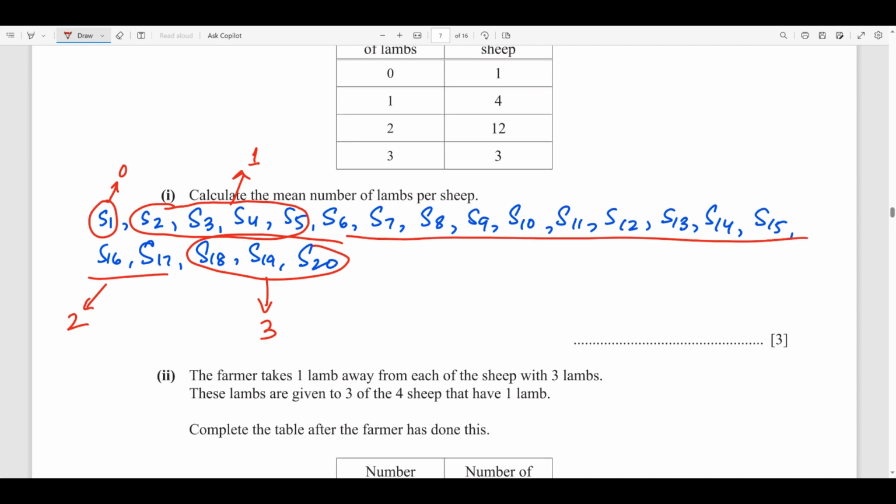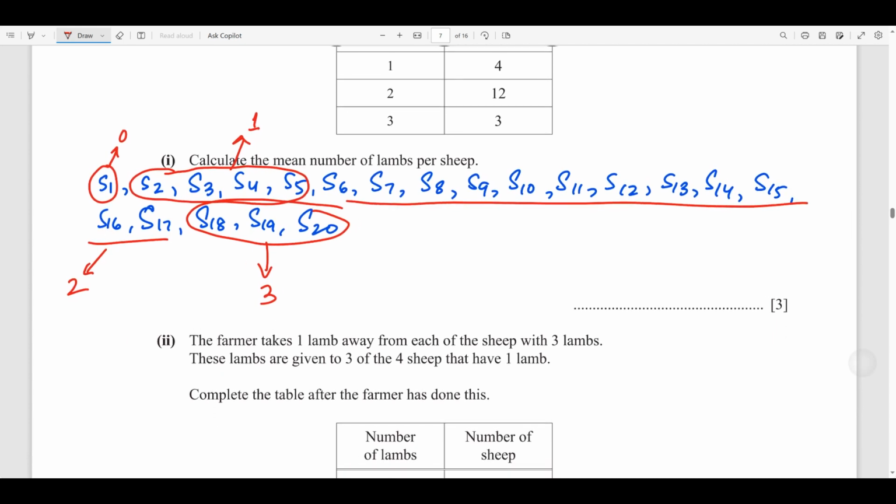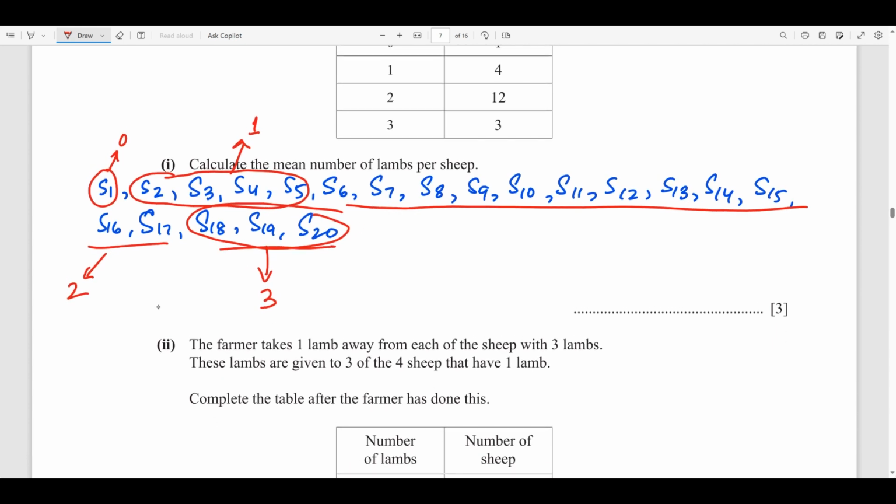So what the question says is that the farmer takes one lamb away from each of the three sheep with three lambs. So the sheep which have three lambs each, one is taken away from each of these three. Which means now they have two each, right?